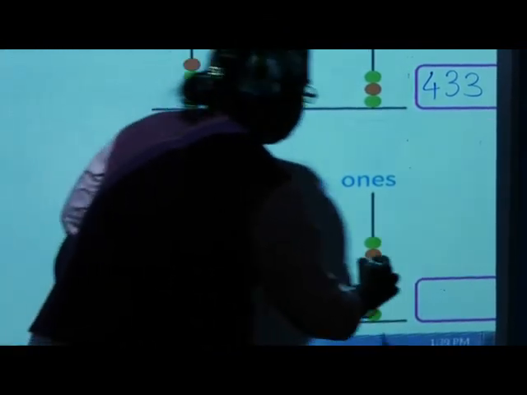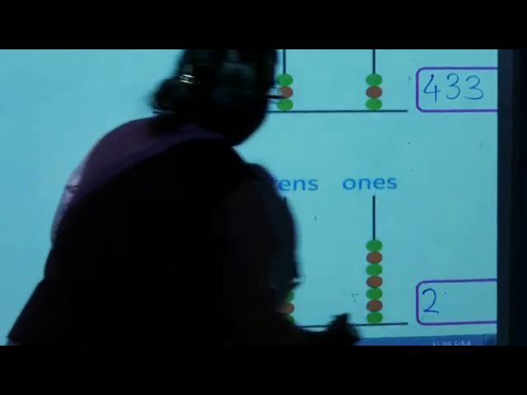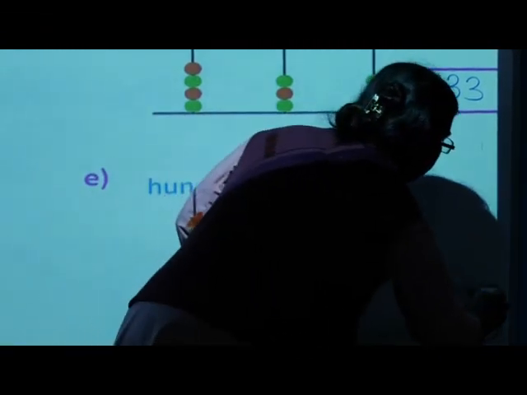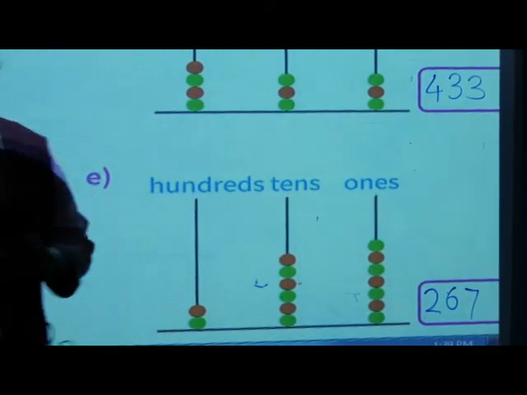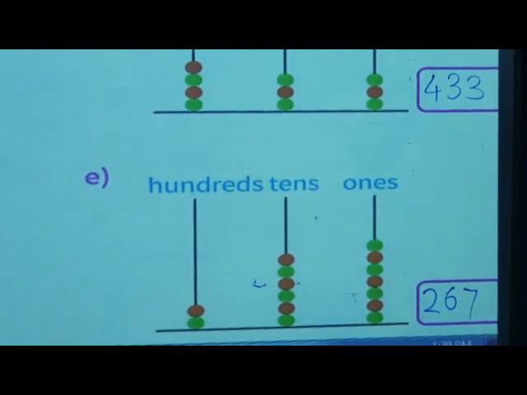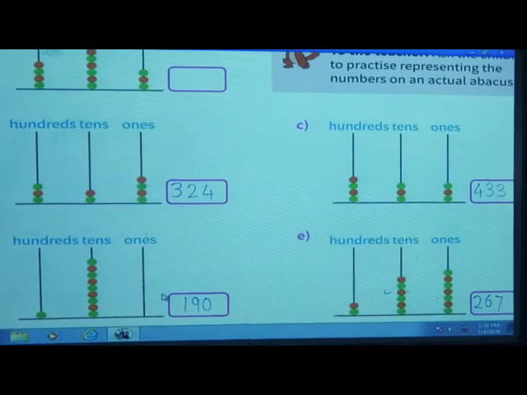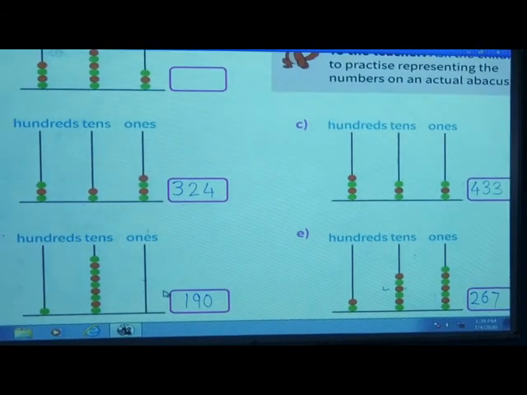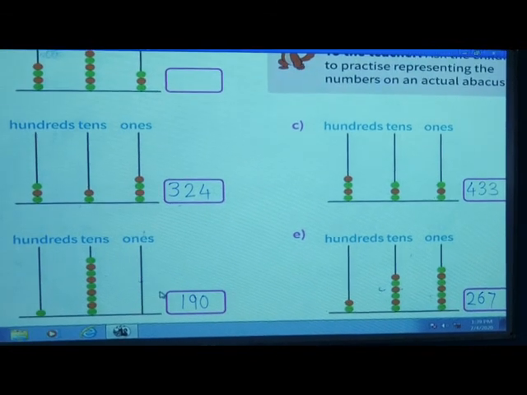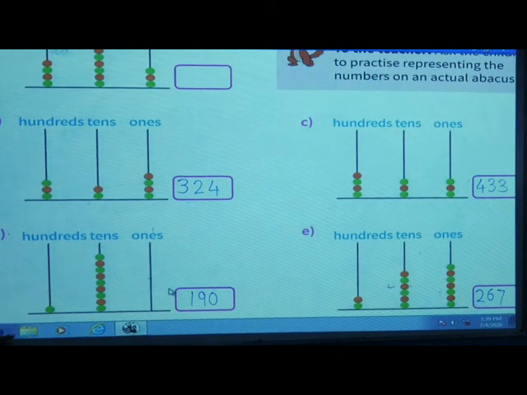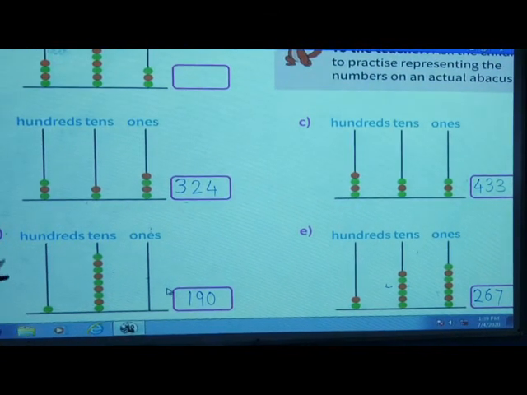So 2 hundreds, 6 tens and 7 ones. Write it down in your textbook. Yes, finish everyone. In this way you will practice it. Every time you practice at home, do more and more practice so that you will be perfect.